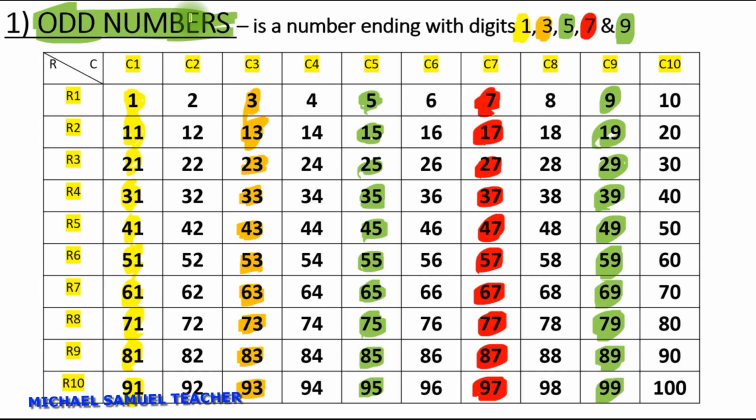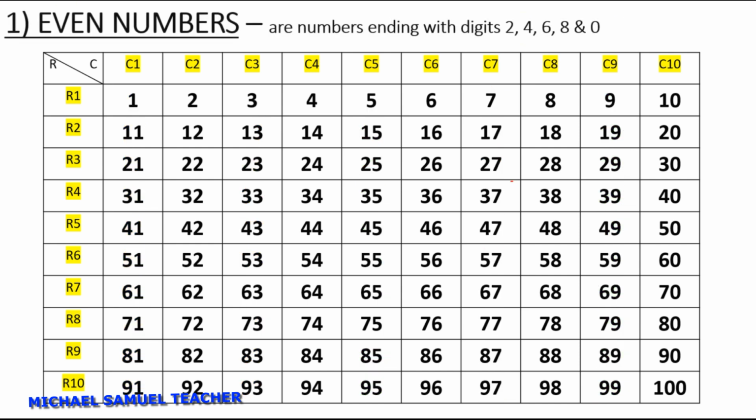So we are going to move on to the next one, which is even numbers, and we say that even numbers end with the digit 2, 4, 6, 8 and 0.